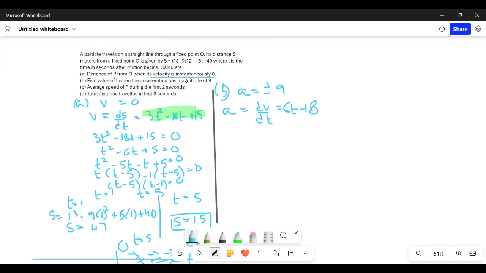Now, let's find t when a is 9 and when a is minus 9. For a equals 9, t becomes 27 upon 6, which gives 4.5.